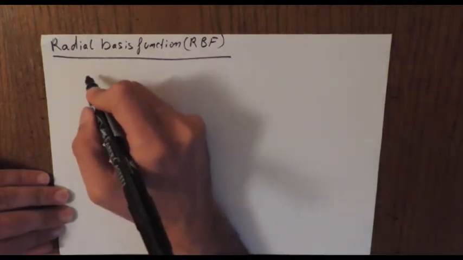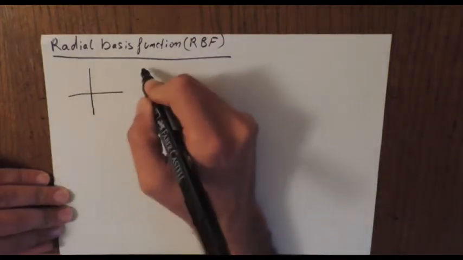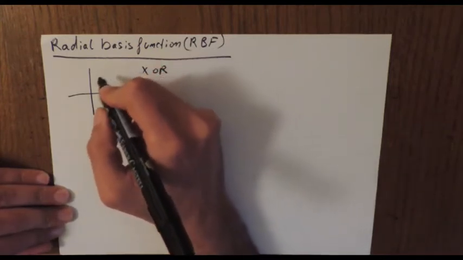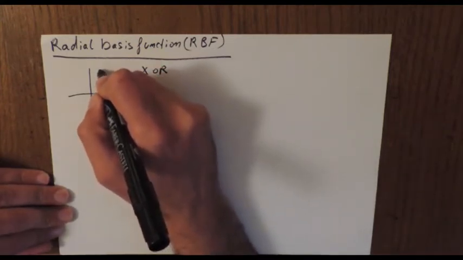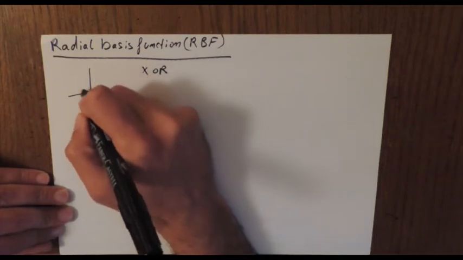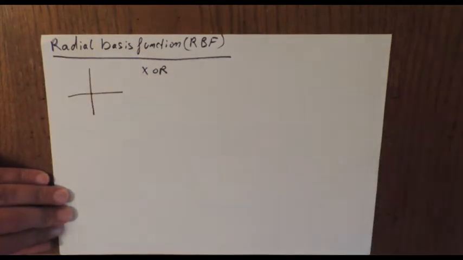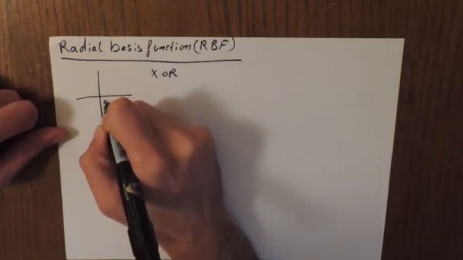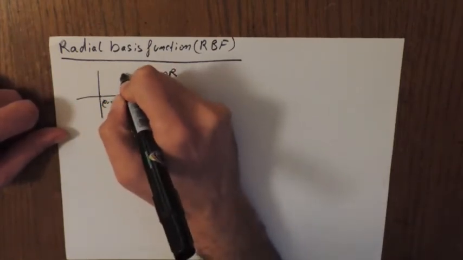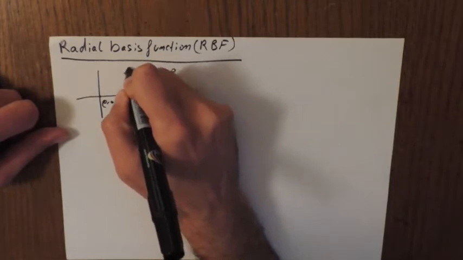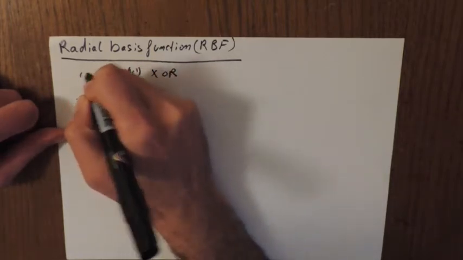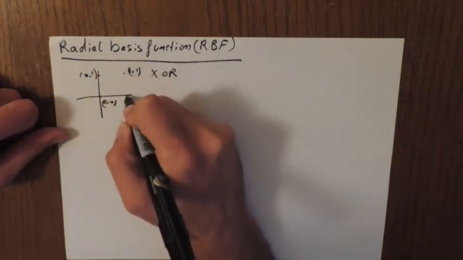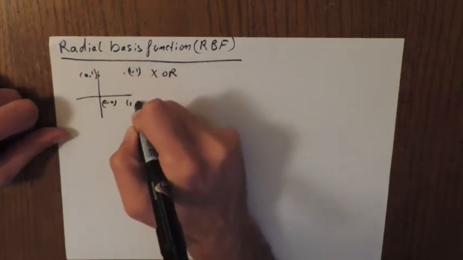As we know, the XOR gate, if we take a look at it, has 4 points. We have 0, 0, which is this point, and we have, of course, 1, 1, and then we have 0, 1 and 1, 0.